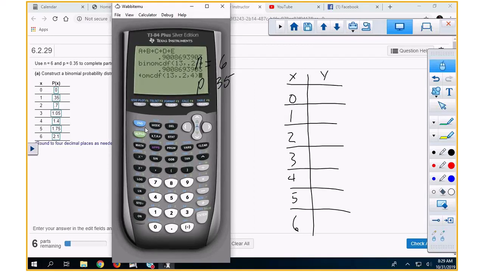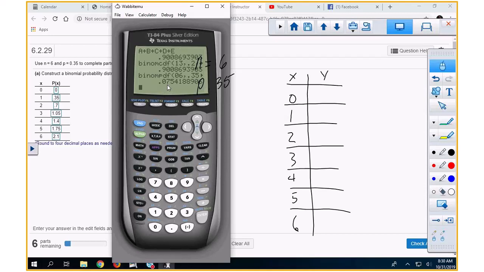Second enter, second enter, second enter, second enter. And I'm going to call mine, let's see, 6, and 0.35, second insert 5, and the first one's going to be 0. Enter. So write that one down.